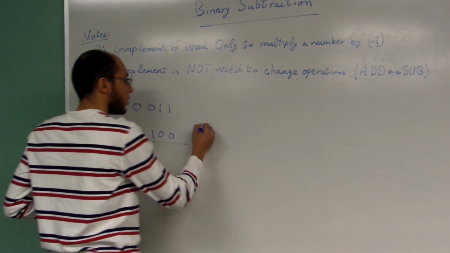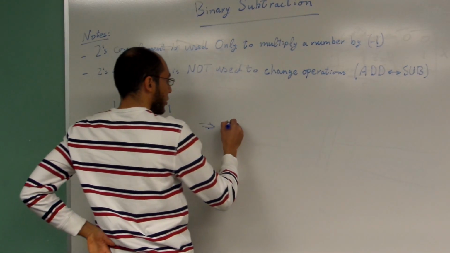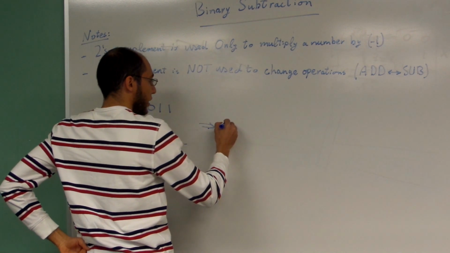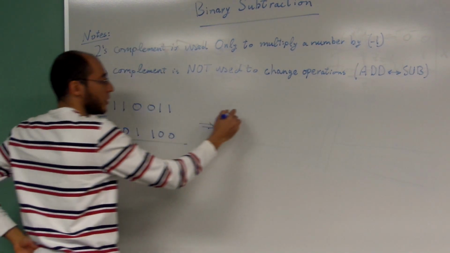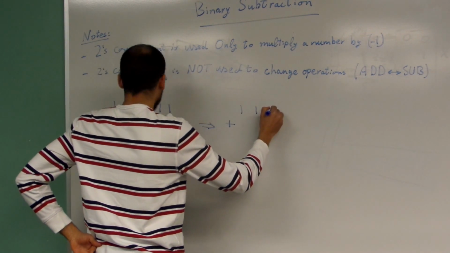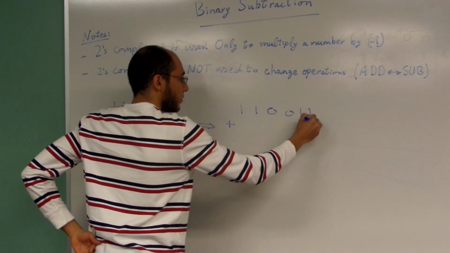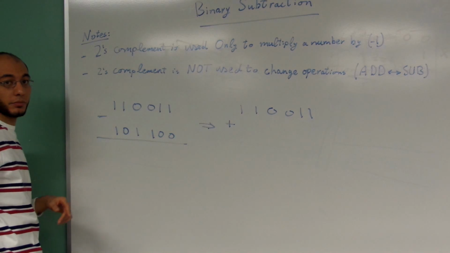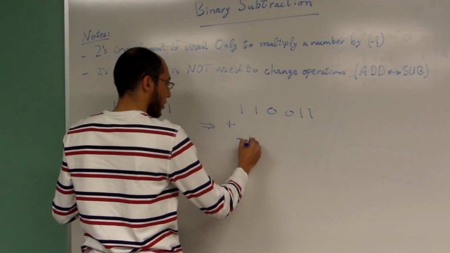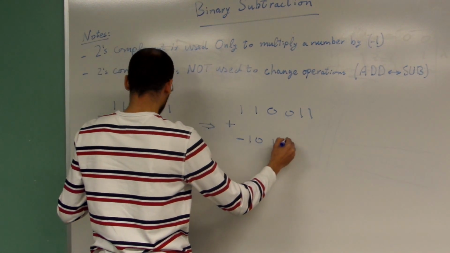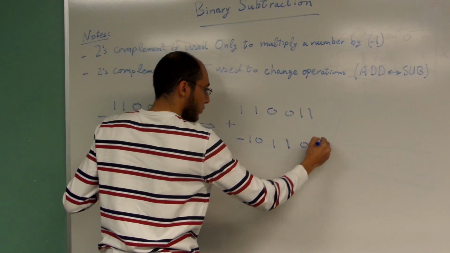No, we need first to convert it to an addition operation. So here, this is an addition operation. The first number is transcribed as it is. I didn't change it. The second number is multiplied by -1. 1, 0, 1, 1, 0, 0.